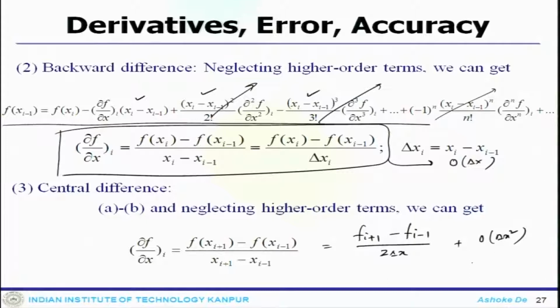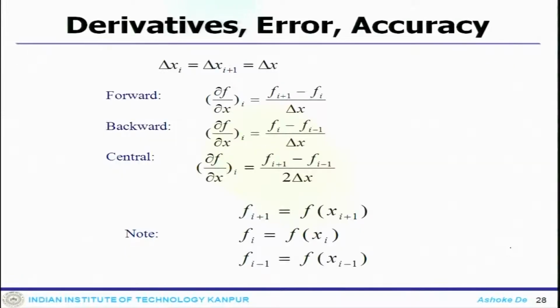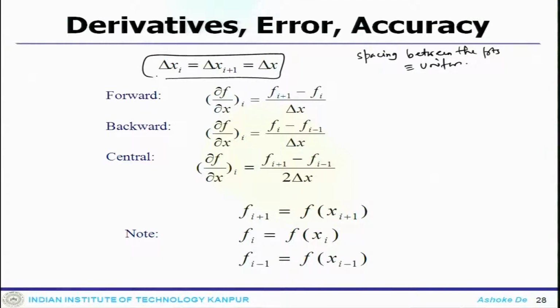So, we have been talking for a while that when you are doing forward difference or backward difference and when you move to second order difference, this actually gives back a second order accurate system. So, if you go to center difference, if you put them together, the spacing between the points is uniform.